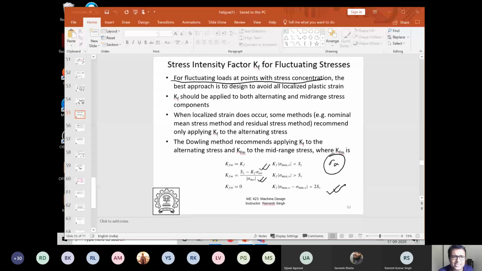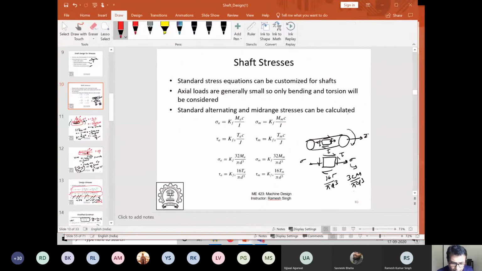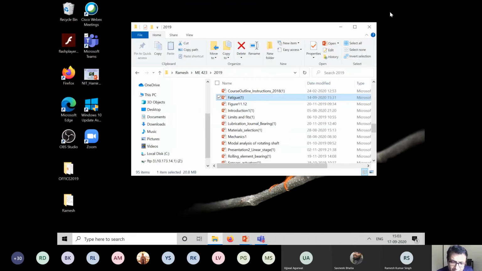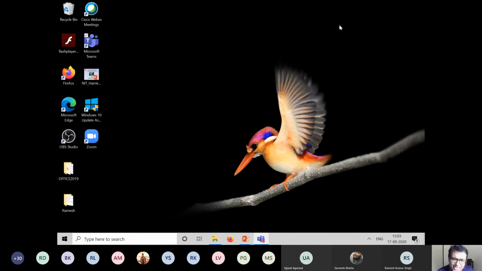I'll just show you some nice FEA things, how people do modal analysis, and some videos. Before we do analytical components, let me show you what we mean by modal analysis of shafts.